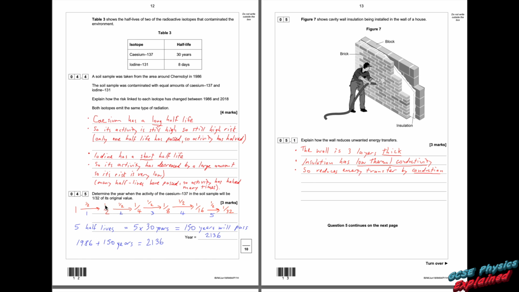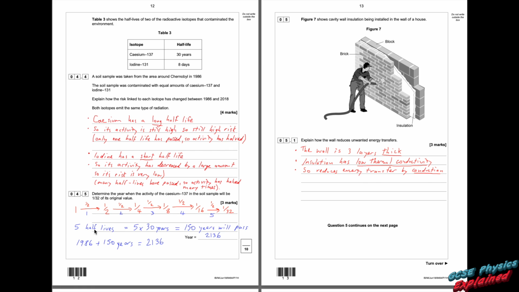So one half-life, I'll have half. Another half-life, I'll have a quarter. My third half-life, I'll have an eighth. Then I'll have half of an eighth, which is a 16th. Then I'll have half of a 16th, which is a 32nd. So that's basically been 5 half-lives.